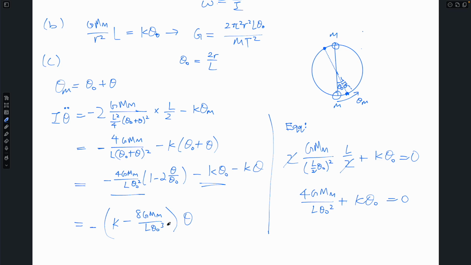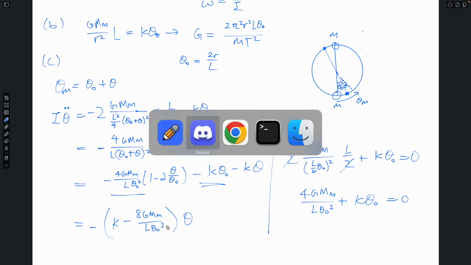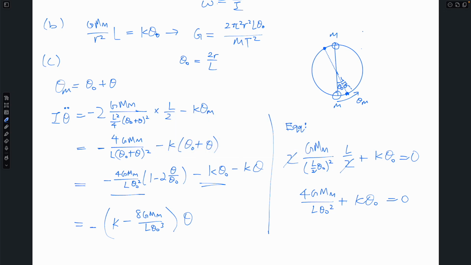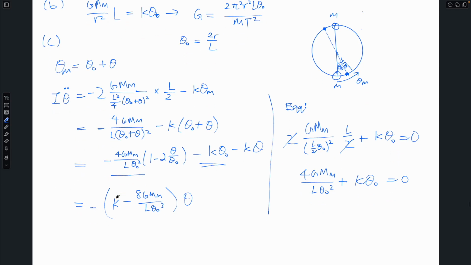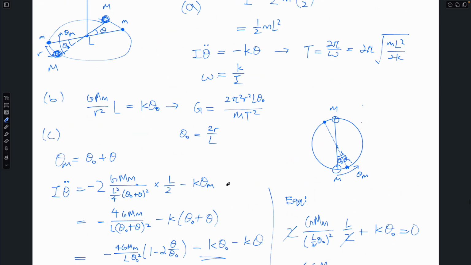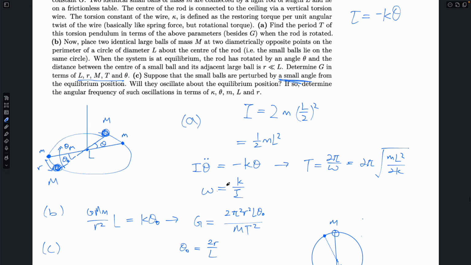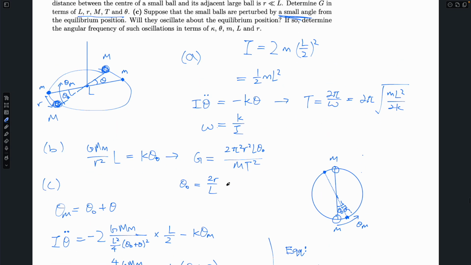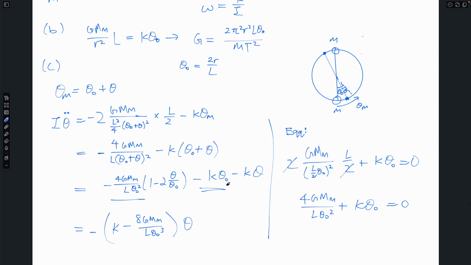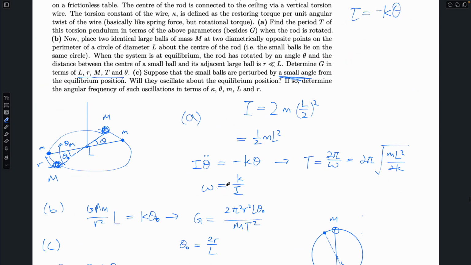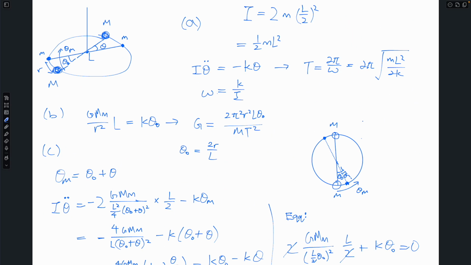Okay, I think it's something like this. But this is of the form of SHM, and then I think you can do another simplification because they want it in terms of R and not theta naught.